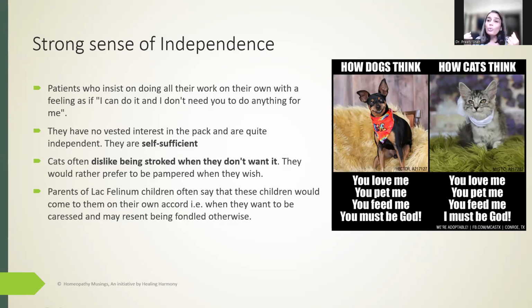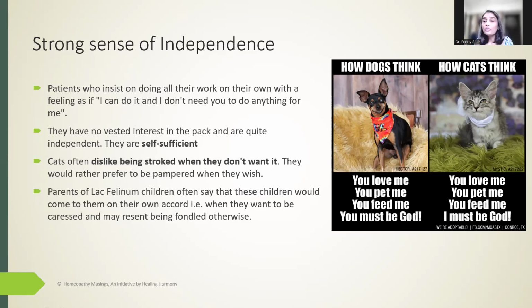So there is always this conflict: how much of myself I should give, how much of myself I should sacrifice, how much domination I can bear for my safety, for my security, for my money, for my position, for my power, whatever, and how much of my independence, my self sufficiency, my pride, my freedom will I get. So this conflict is always there in Lac Felinum.